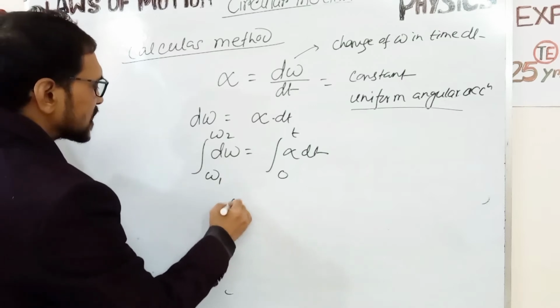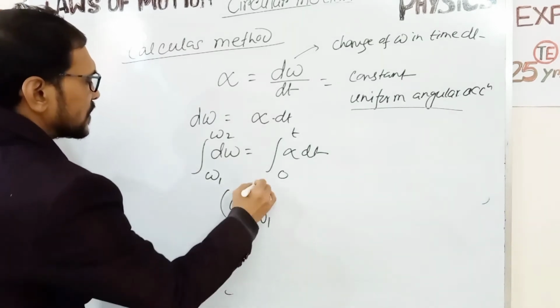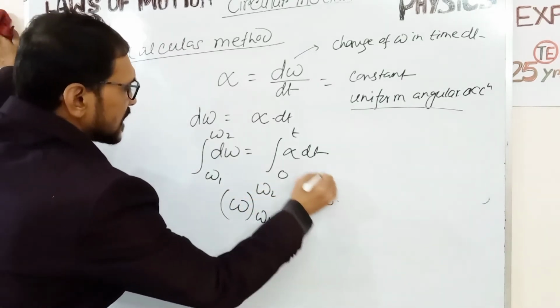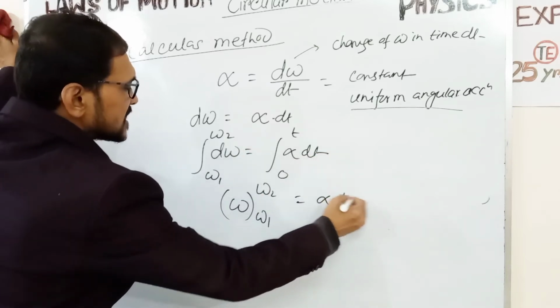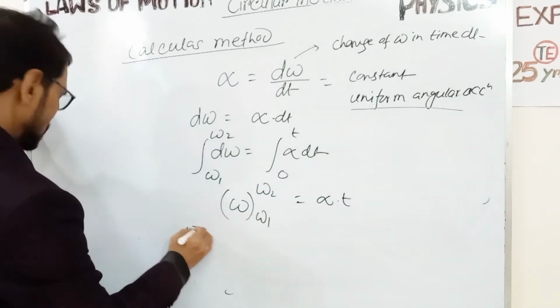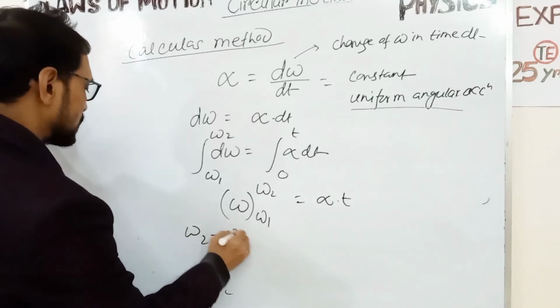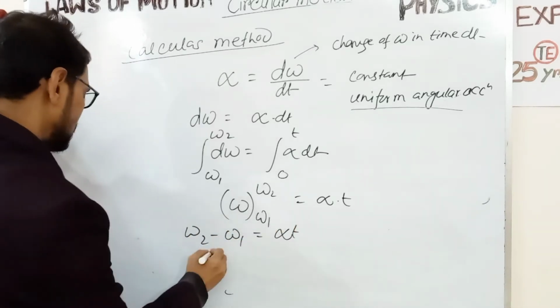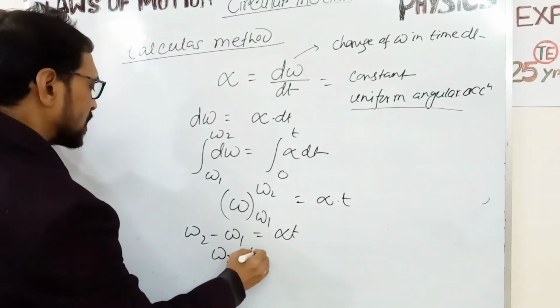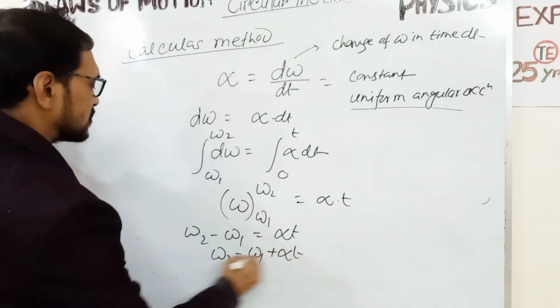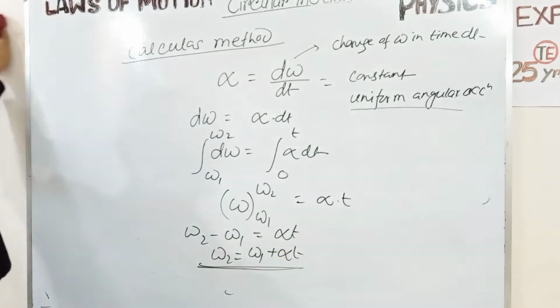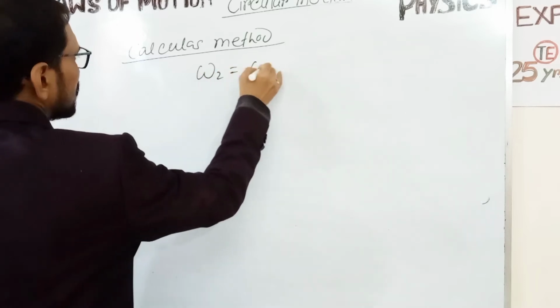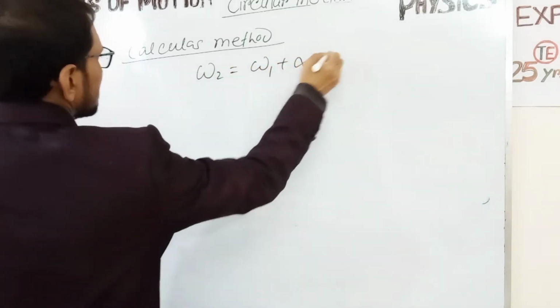So the integration of d omega is omega 1 to omega 2, alpha is constant, and the integration of dt is t. So omega 2 minus omega 1 equals alpha into t, so omega 2 equals omega 1 plus alpha t.